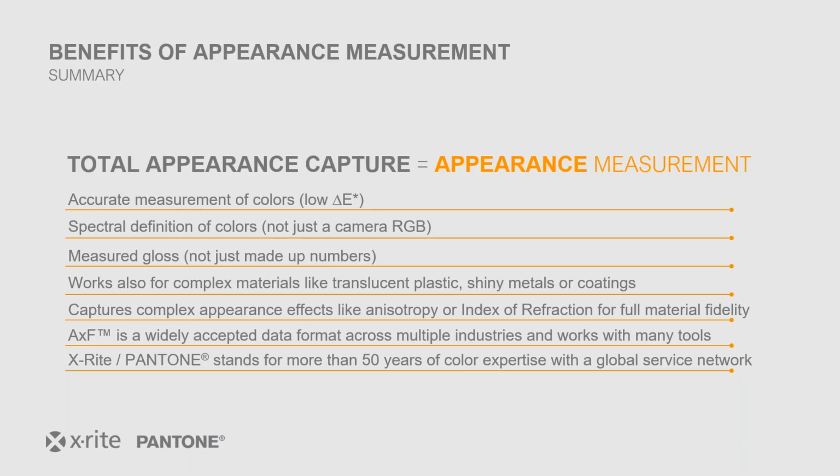This can be used for a wide variety of materials: translucent plastic, shiny metals, and coatings. And we can capture complex appearance effects like anisotropy and index of refraction for some of these more complex materials. AXF is used across a number of different rendering applications. KeyShot has been one of the early ones and has a very nice integration.